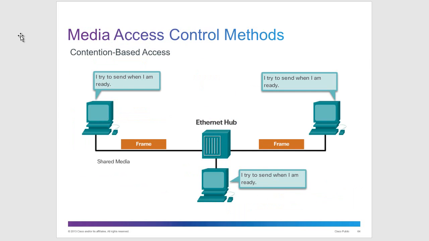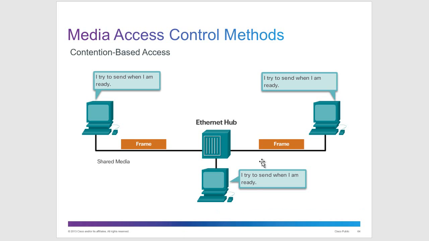So if we have a half duplex situation with a hub in the middle, there are some issues that can come about. You've got contention-based access. So everyone's trying to send data when they're ready in a contention-based environment. Why that is not good is because you can have collisions. Somebody's sending at the same time.